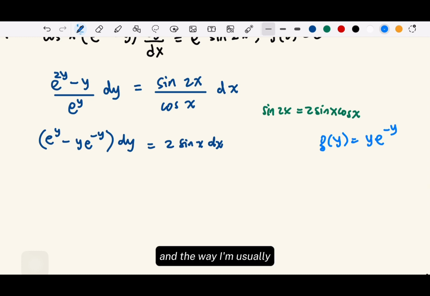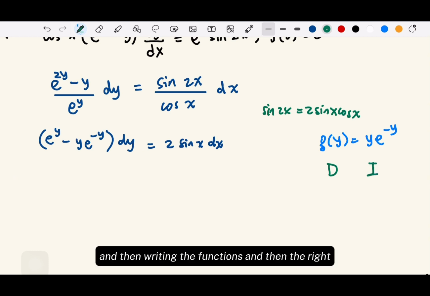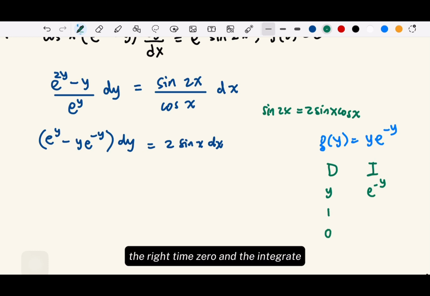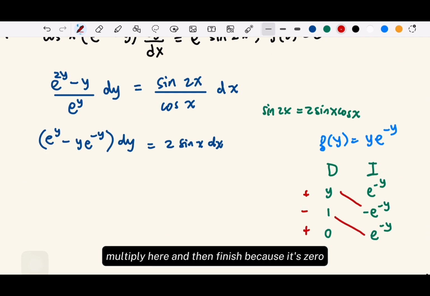And the way I'm usually taking this into by parts is by taking, one is to take derivatives and the other one is to integrate, okay? And then writing the functions, and then derive becomes 0, and the integrate become this, and another integration become this, okay? And then add, plus, minus, plus, multiply here, okay? And then finish because it's 0.